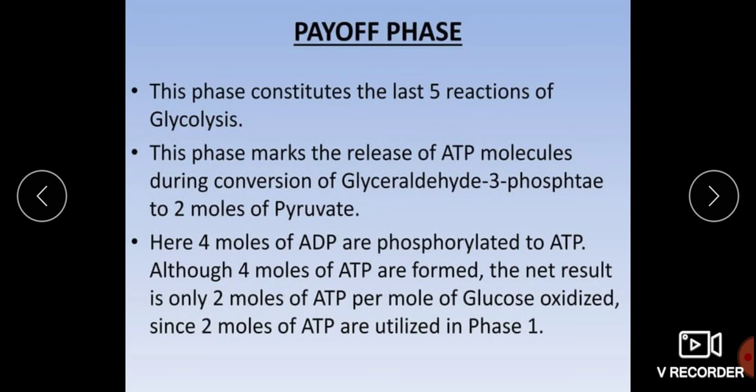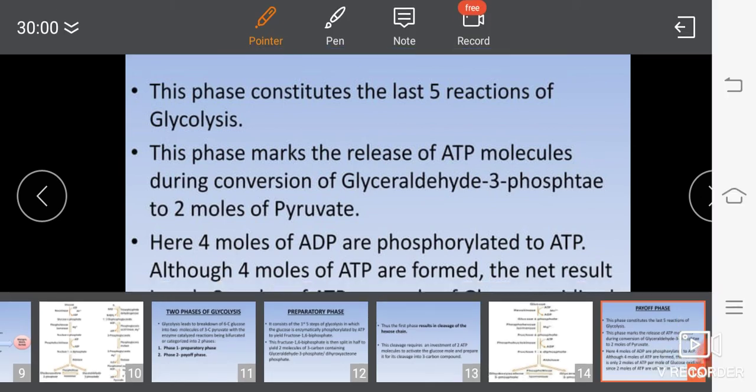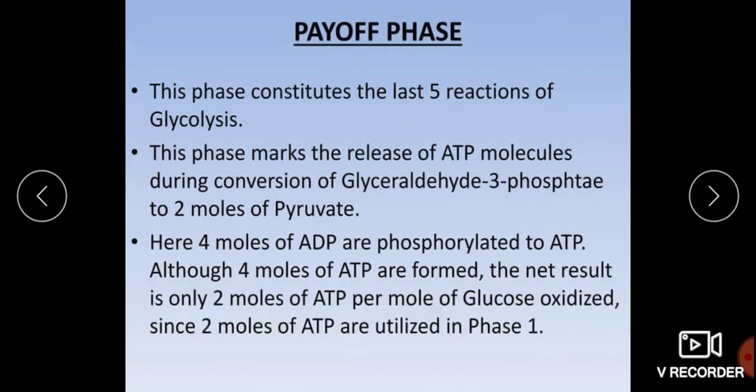Then, the payoff phase. This phase constitutes the last 5 reactions in glycolysis, and in this phase there is the actual production of ATP molecules during the conversion of glyceraldehyde 3 phosphate to 2 moles of pyruvate. Here 4 moles of ADP are phosphorylated to ATP, leading to formation of 4 ATP molecules.